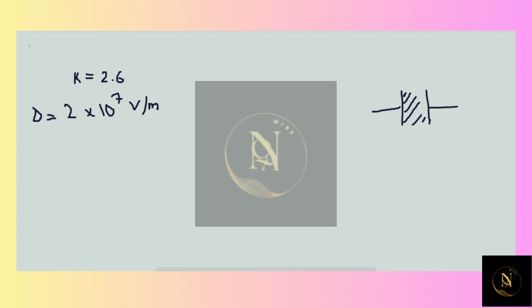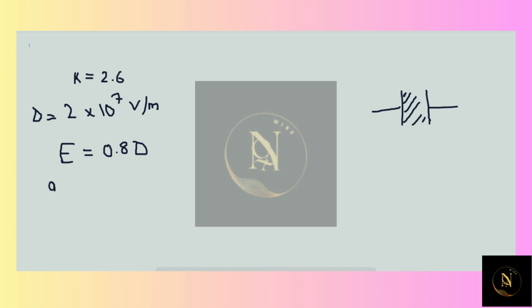The electric field between the plates is given to be 80% of the dielectric strength, that means it's 0.8 times D. And so we need to find the energy density of the stored energy when the electric field is 80% of the dielectric strength.